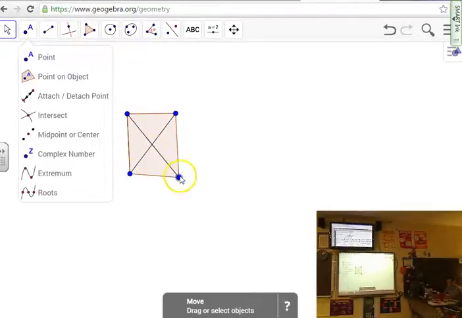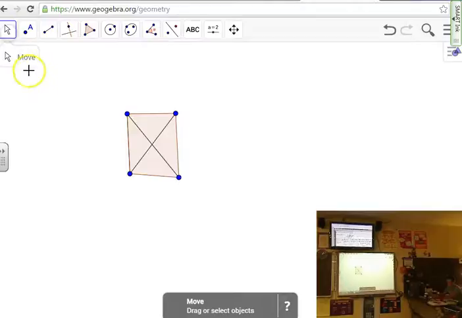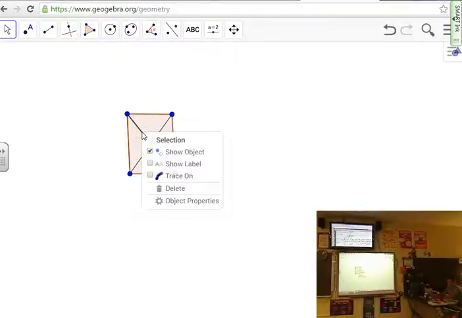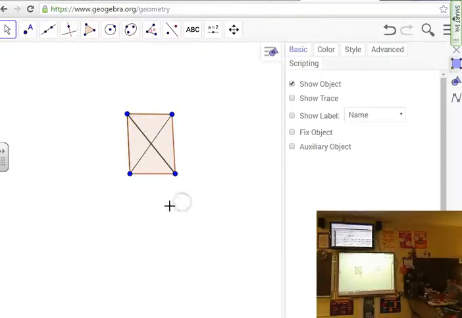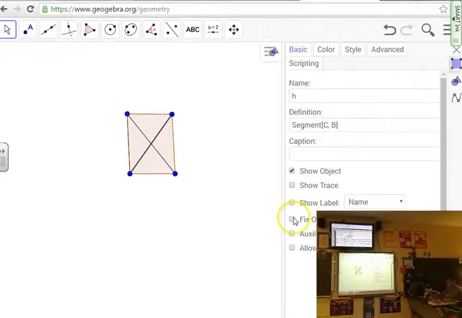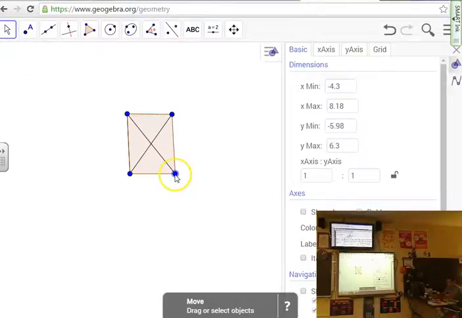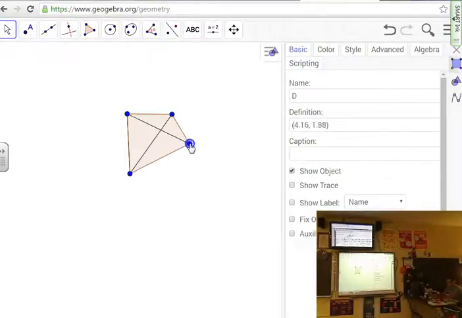What Calvin is saying is if this is a square to begin with, and we keep these lengths fixed, this is going to take too long. Fix object. I haven't used GeoGebra in a little while, so I don't know if it'll fix it. Yeah, so it fixed the lengths, right?